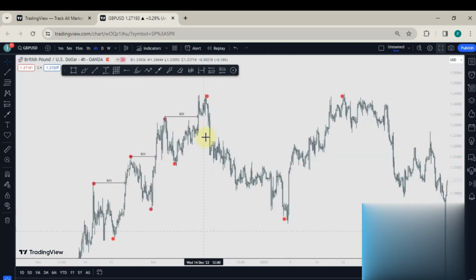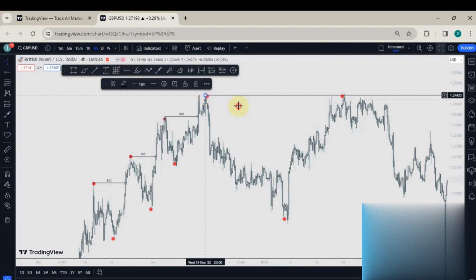And then going forward, this higher high gets broken by this lower low. No, this one doesn't get broken. As you can see here, this high is equal to this high.